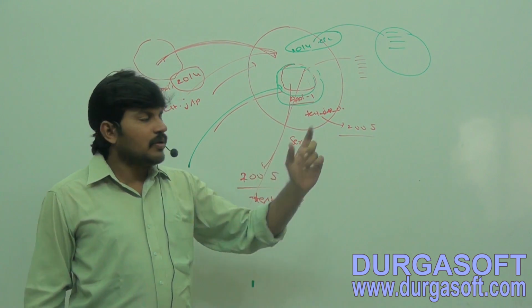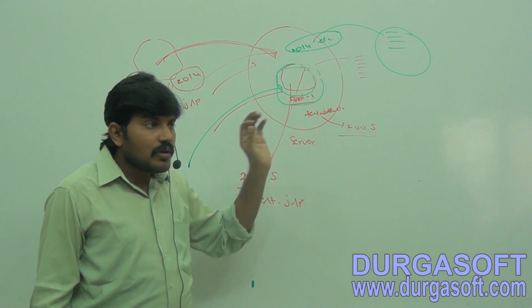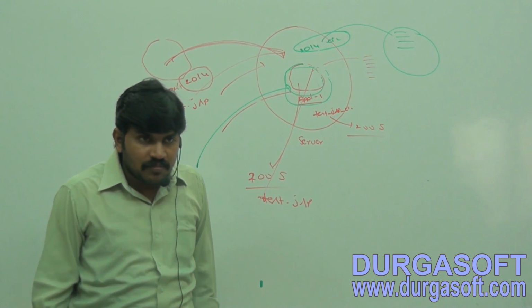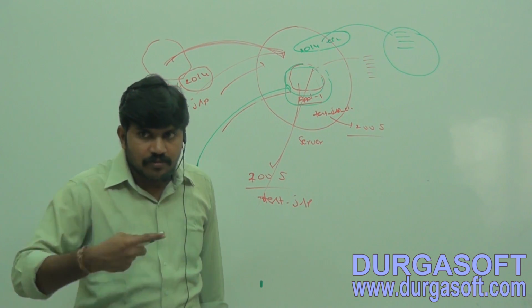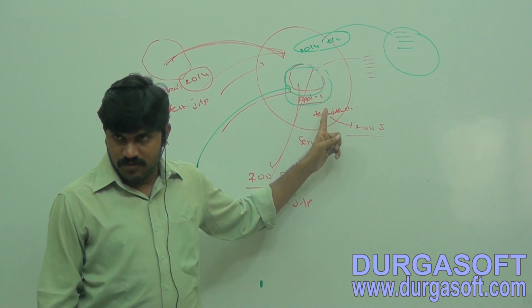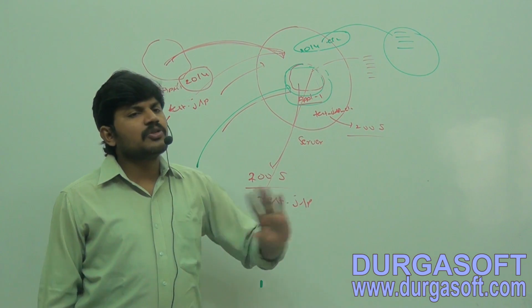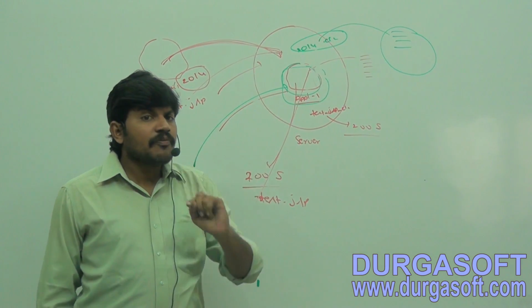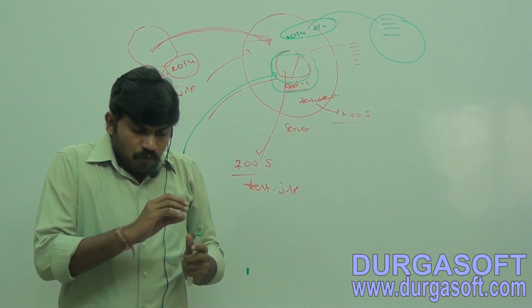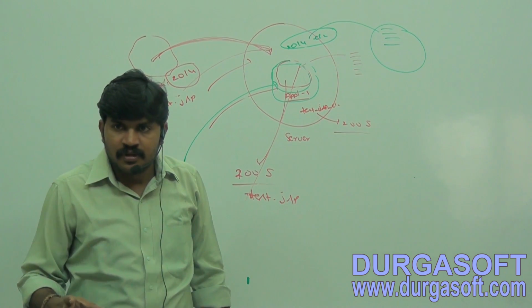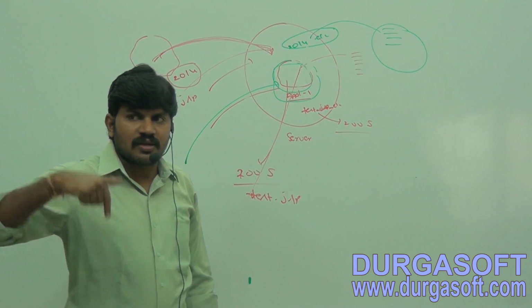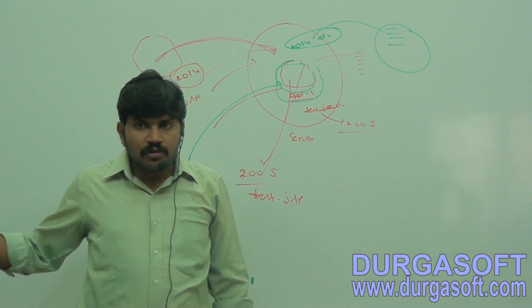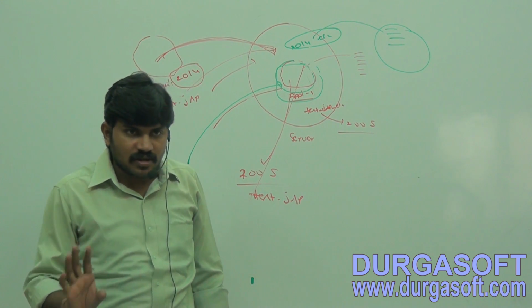Sir, by default, my web server's default class loading mechanism may not meet my requirement. It causes some problems, right? That's why I don't want to depend on default class loading. The problem with default class loading is that once a .class file is loaded, it will always use that loaded .class file, even though some change is available in the .java file.